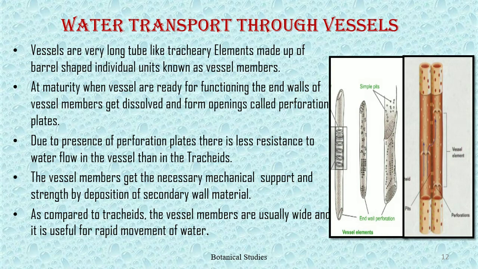Let us discuss now the water transport through vessels. Vessels are very long tube-like tracheary elements made up of barrel-shaped individual units known as vessel members. At maturity, when vessels are ready for functioning, the end walls of vessel members get dissolved and form openings called perforation plates.